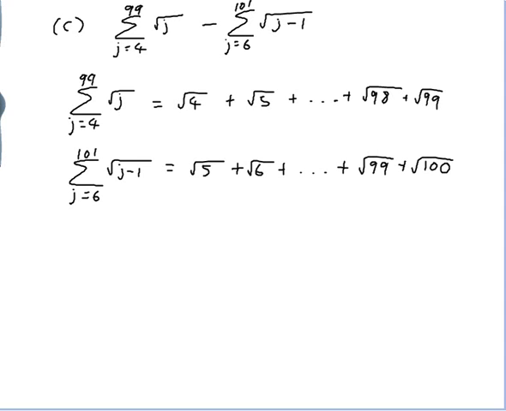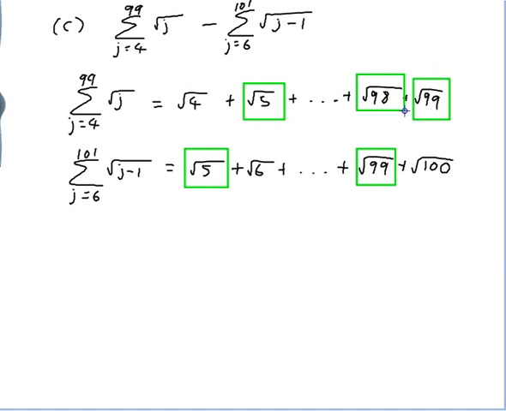I do the top one minus the bottom one. So let's see. Oh look, root 5 minus root 5 would cancel out. And the root 99 minus the root 99 will cancel out. And the root 98 will cancel out with the root 98 that's here. And the root 6 that's here will cancel out with this root 6 that's here. So all the middle ones are going to cancel out, and I'll just be left with root 4 minus root 100. Excellent.